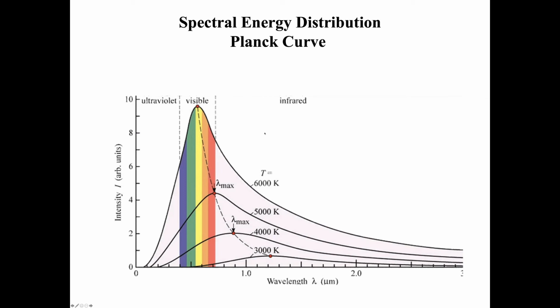And as you see, the maximum wavelength, the peak of this Planckian curve, is a distinct function of the temperature. Here you have the peak wavelength at 6,000 Kelvin, the peak wavelength at 5,000 Kelvin, peak wavelength at 4,000, peak wavelength at 3,000. They follow this very clear line. This is called Wien's displacement law.